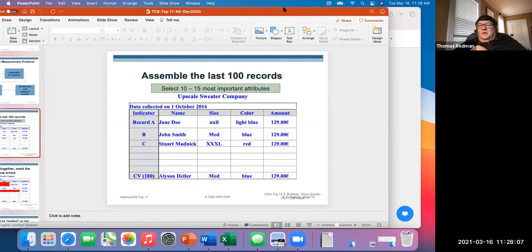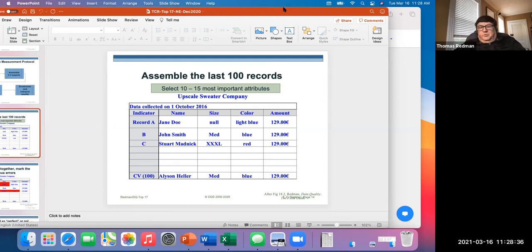Here's an example. I have a fictitious company called the Upscale Sweater Company that I use to illustrate a lot of things. Here's a bunch of data collected on the 1st of October in Upscale Sweater Company. It's the people ordering sweaters. You can see that in record A, Jane Doe ordered a sweater. Somehow the size she ordered didn't make it in there.